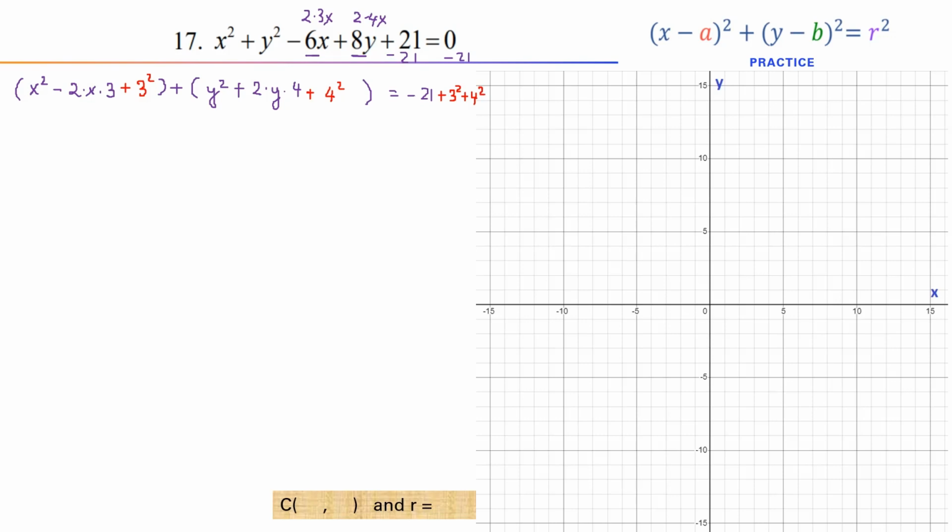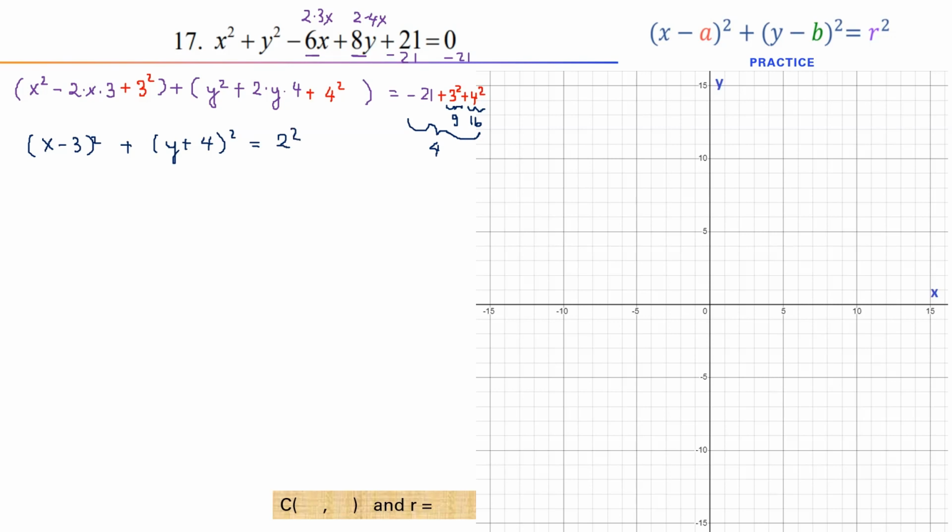Now we rewrite one more time. (x minus 3) squared plus (y plus 4) squared equals, this is 9, this is 16, that's 25, 25 subtract 21, you have 4, and that is 2 squared.